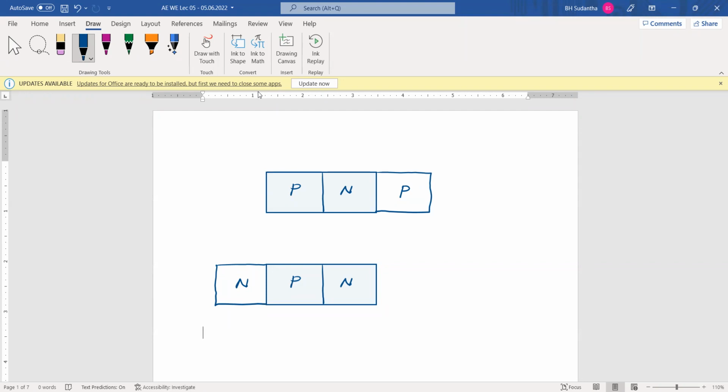But anyway, here we have a PNP structure, and here we have an NPN structure.